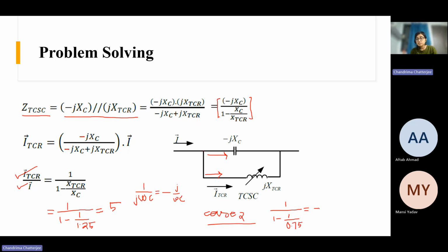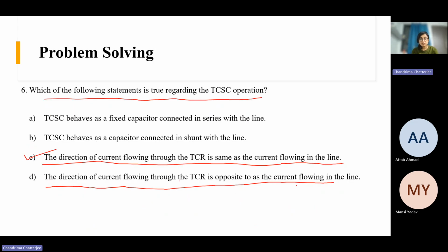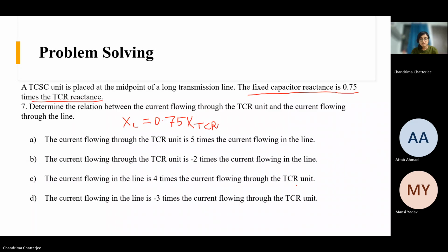This is minus 3. See here, there is a negative sign, right? I have given the option wrong.